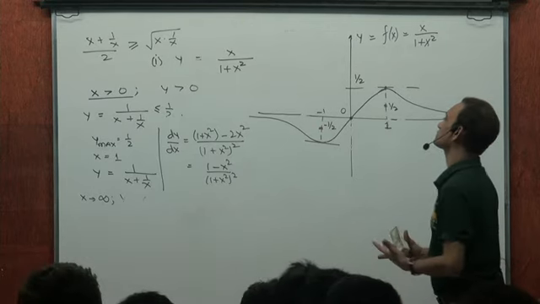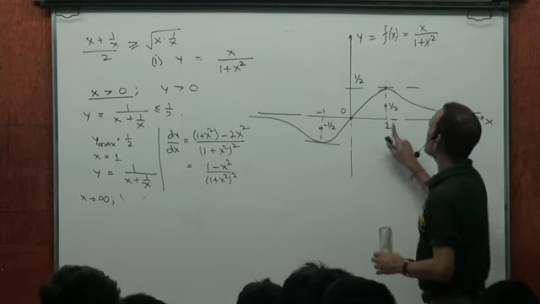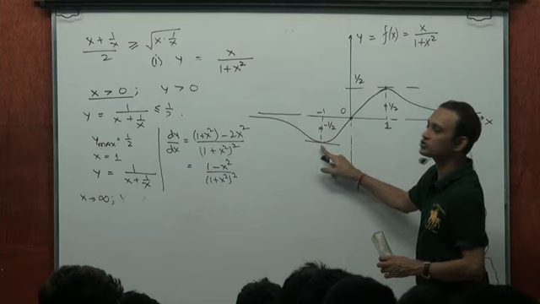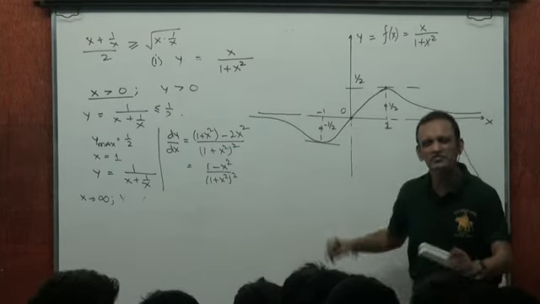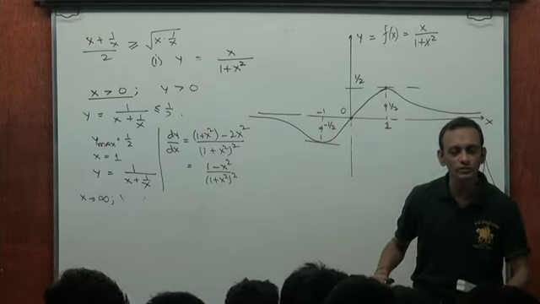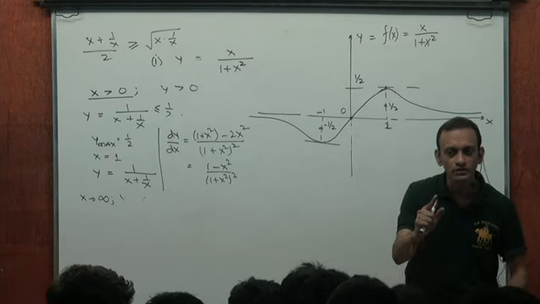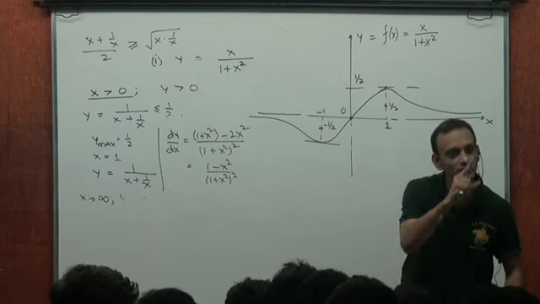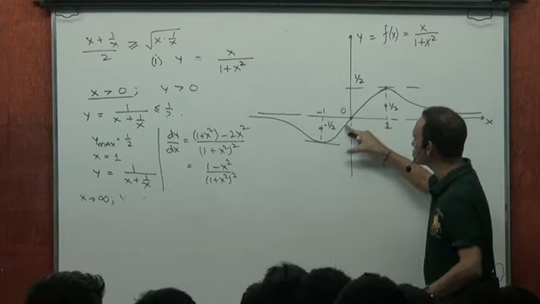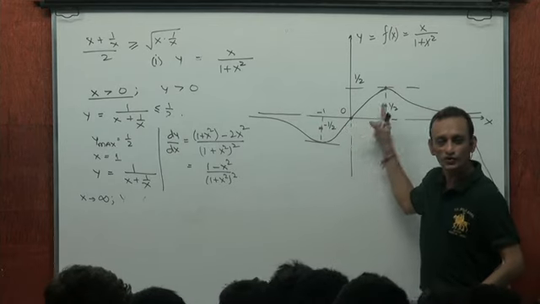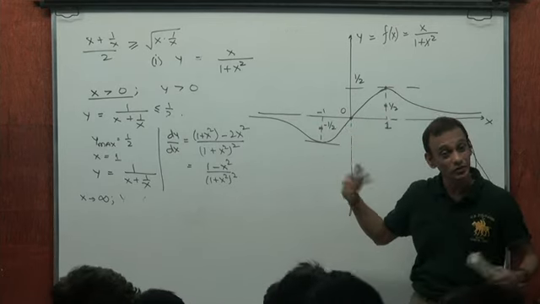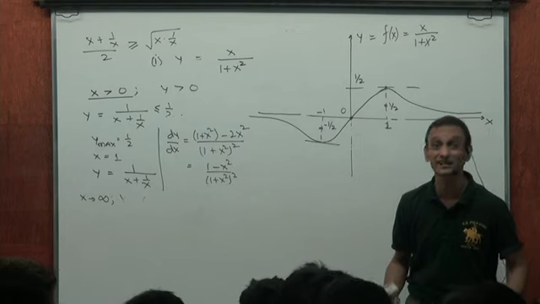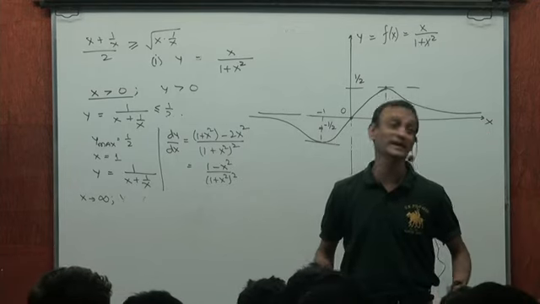In this case, x equal to 1 is a local maxima, x equal to minus 1 is a local minima. Even without differentiating a second time, can you tell me what should have been a point of inflection? x equal to 0 should have been the point where the curve changes shape, from symmetry considerations. Don't differentiate a second time here unnecessarily to find d2y/dx2 is 0 at x equal to 0.